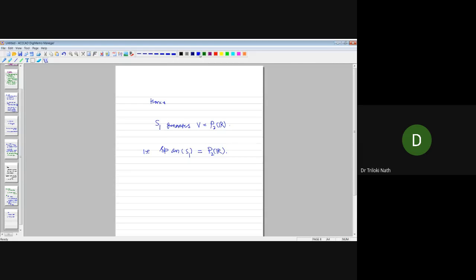So I am leaving it up to you. You decide whether this can be written as a linear combination of this set or not. You just determine whether it is possible to write or not. It may be possible or may not be possible, I don't know.